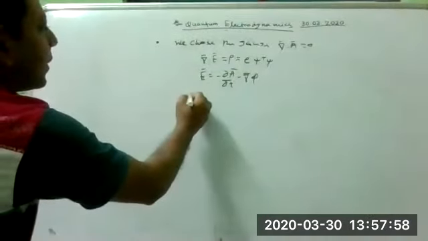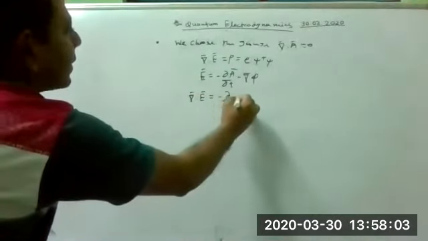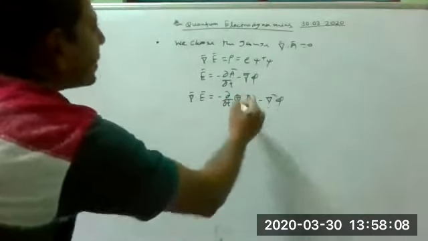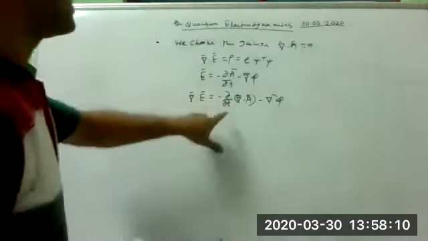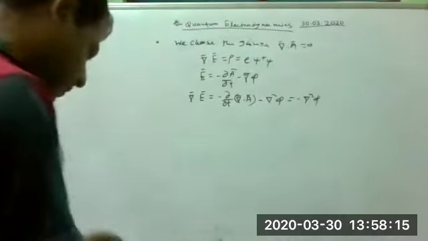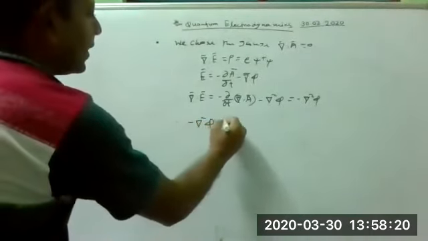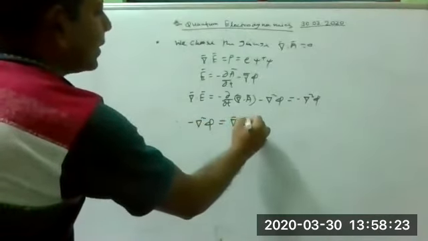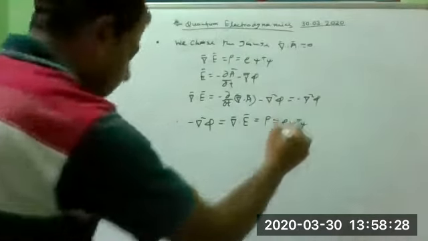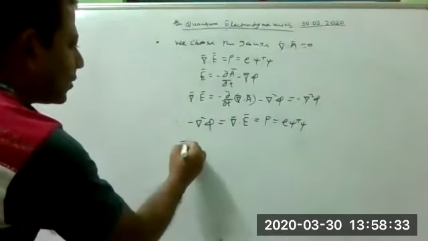So therefore, divergence of E equal to minus del del t of divergence of A minus grad square phi. Since the Coulomb gauge provides divergence of A equal to 0, this equals minus grad square phi. So minus grad square phi equal to divergence of E, which is equal to rho equal to e psi dagger psi.